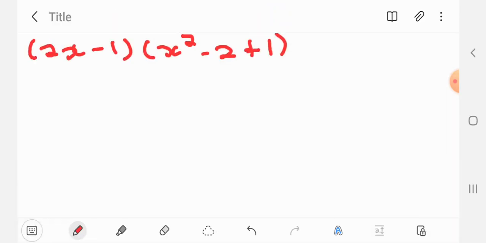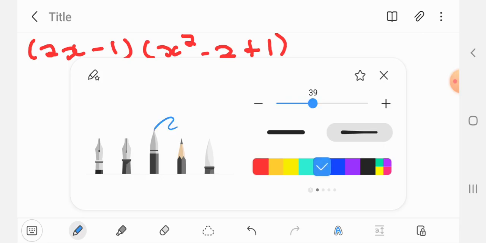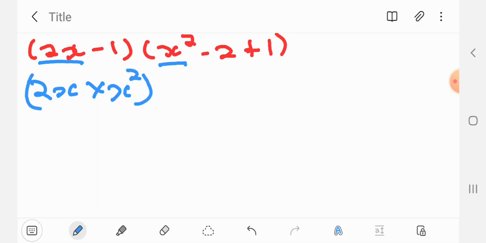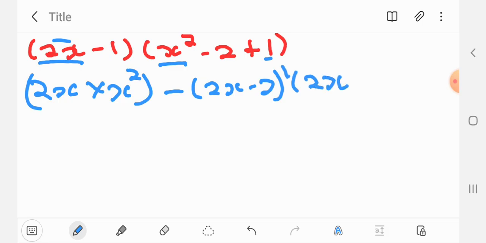So we will have this 2x multiplied by x squared in the brackets, minus the 2x multiplied by negative 2 in its own bracket, and then also the 2x multiplied by 1, so that will be 2x. It will be plus, because this is a plus here, this is a minus, that's why we have a minus there.